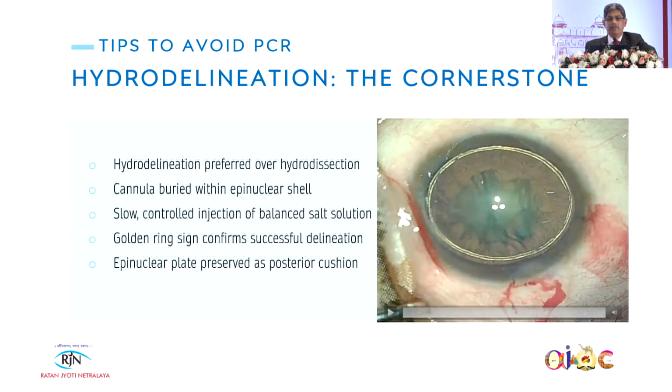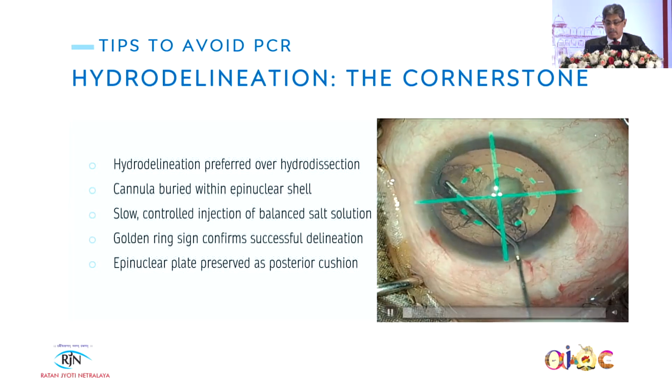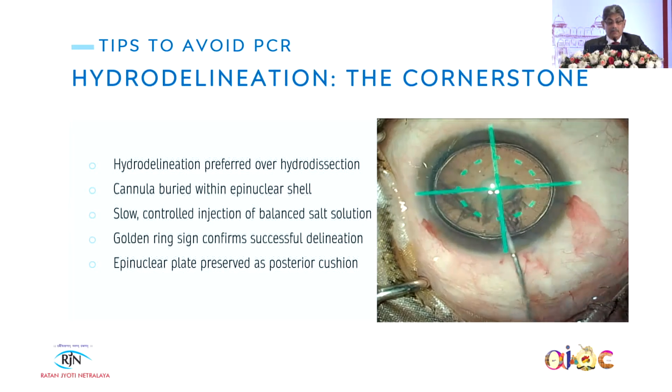Many ways of doing hydrodelineation have been given in the literature, Dr. Vasavada's technique from inside out and others. The only thing to remember is that there should be a thick posterior cortex sheet or epinucleus sheet, which will prevent the rent from occurring.